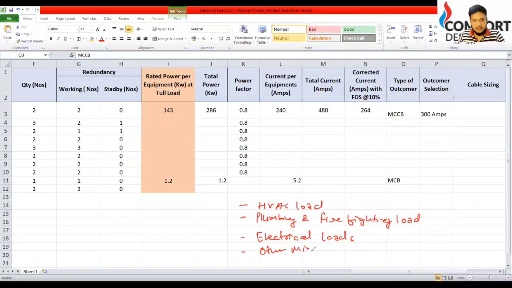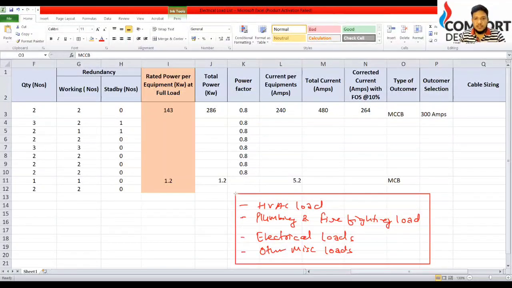So the transformer will be selected according to the summation of all these. Once we do the summation of all these, accordingly the transformer selection will be done.